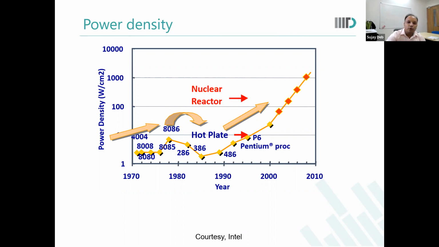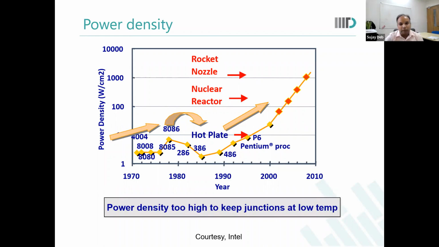If we had gone further in that direction, it would have been as hot as a nuclear reactor, followed by a rocket nozzle, and eventually the power density of the surface of the sun.